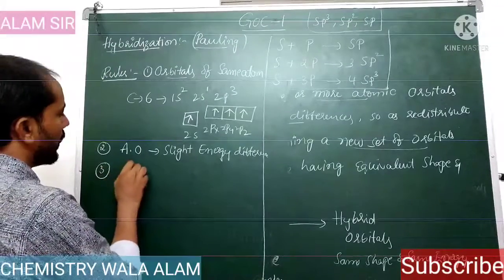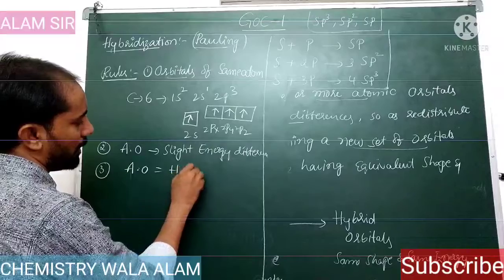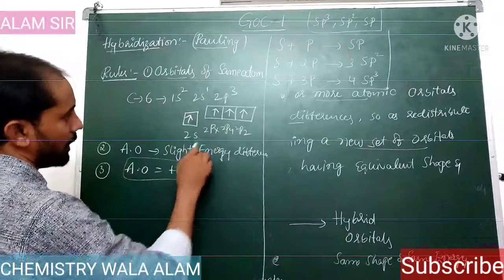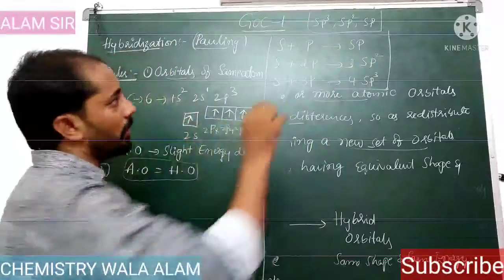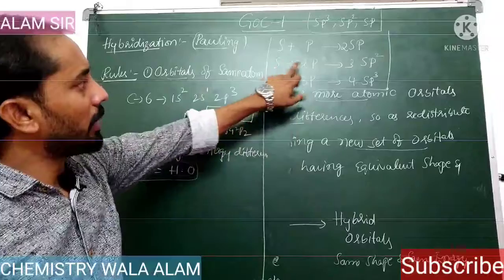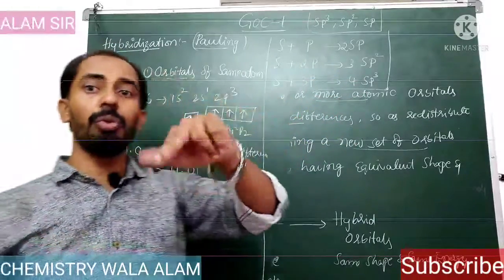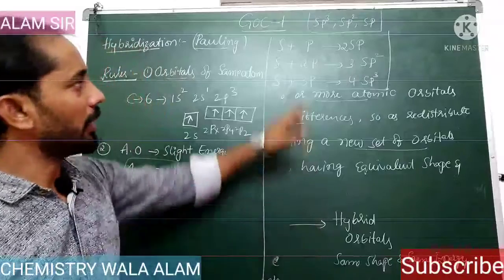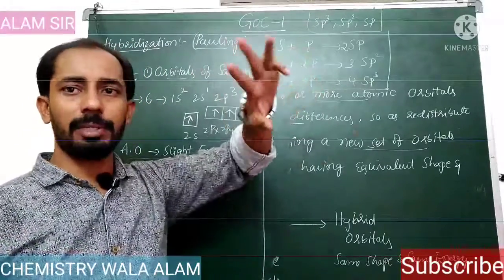And here the number of atomic orbitals is equal to the number of hybrid orbitals. That's why I have written here 1s and 1p, so it gives only 2 sp orbitals. Then 1s orbital and 2p orbitals, 2p is nothing but the px and py orbitals. Here 3p orbitals are px, py, pz.